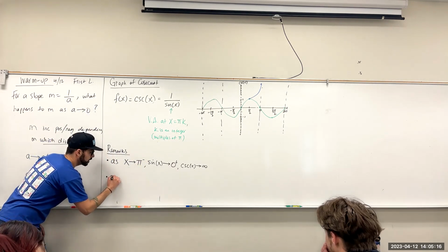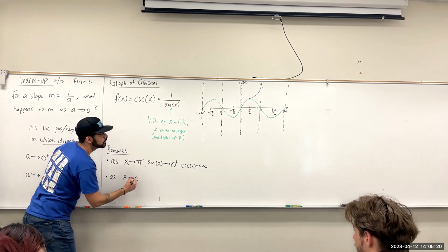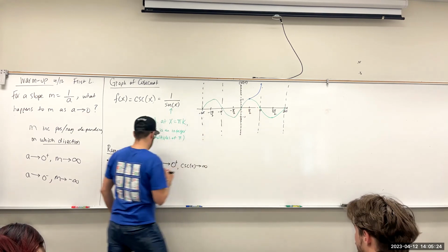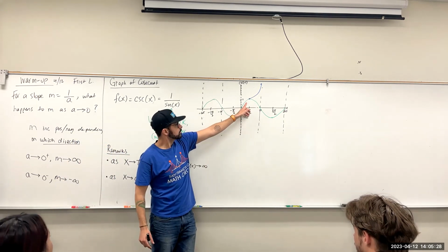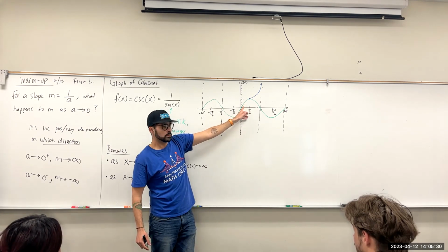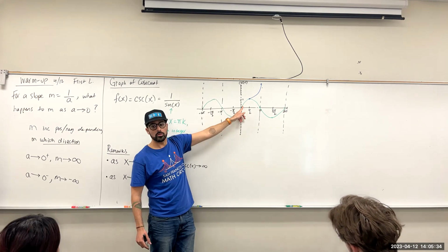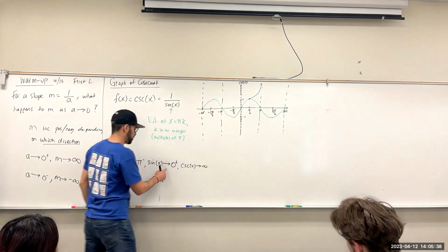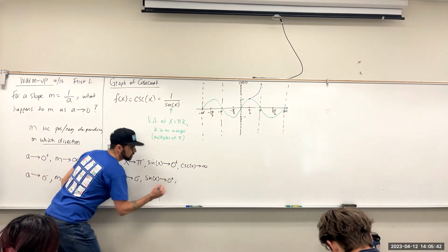So let's do this one real quick. As x approaches 0 from the left, what is sine doing? What value is sine approaching? Is it approaching 0 from positive or from negatives? Positive. So again, it's approaching 0 from positives.